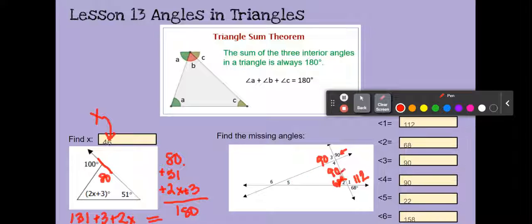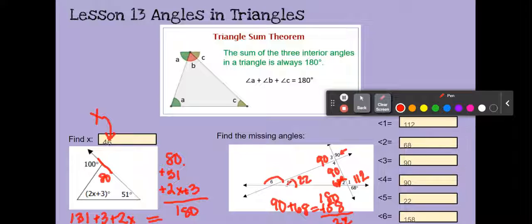For the interior angles, 90 plus 68, it's 158. So if we take 180 minus that 158, should be 22. So 5 is 22. 6 here is linear to 5.